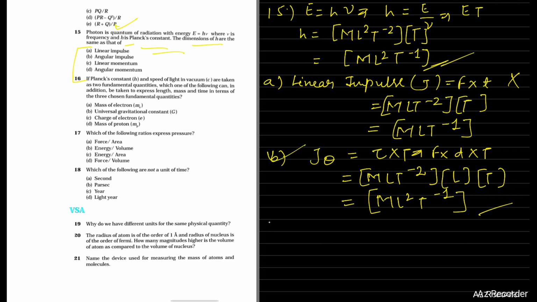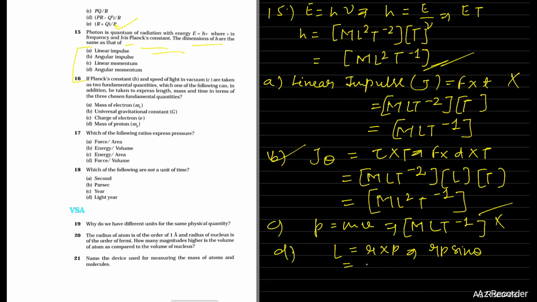Now option C we would check. Option C is linear momentum, P. P is equal to mv, and v is lt minus 1. So it is not the same, so this is wrong. Now option D, angular momentum, it is denoted by L, that is equal to r cross P, meaning rp sin theta.